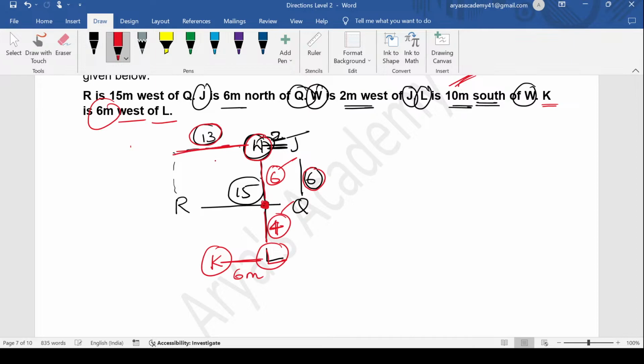So from R, if you want to make a straight line with respect to K, this distance and this distance together has to be obviously 13. But this is given as 6, hence this particular distance has to be 7. This is how much? 4. Hence the distance between the final endpoint and R will also be 4. This is 6. Hence this is also 6. Okay.